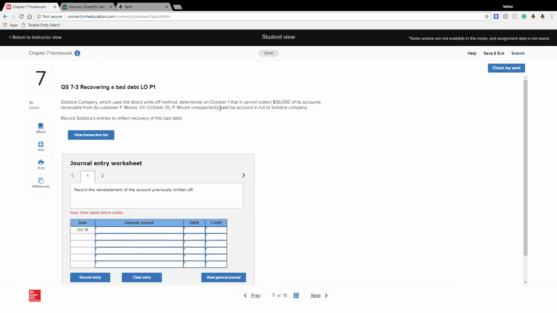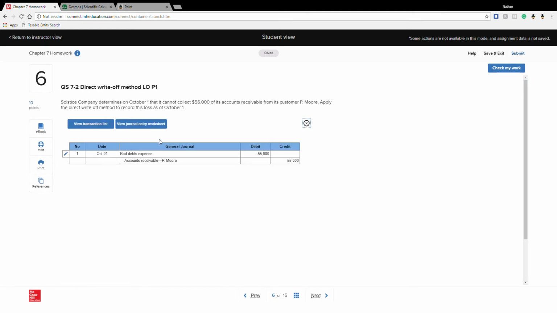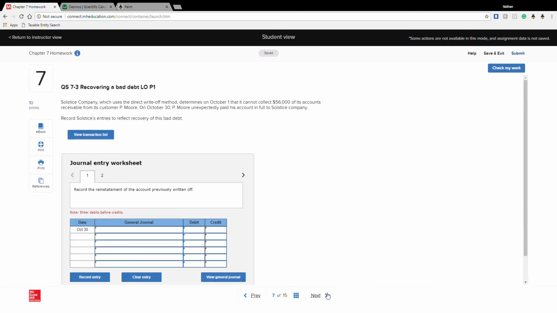When we reinstate on a direct write-off, when we've already basically written it off, so we did this journal entry to write it off, all you have to do, the first one to reinstate, is a reverse of that entry.